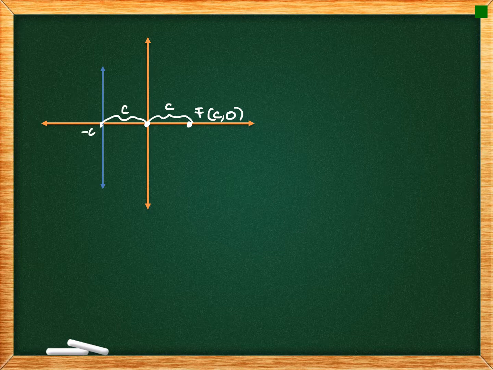And this would be our L. And L would have an equation x equal to negative c. Okay? And so the parabola would look like this, opening to the right. So your question now is, is there really a parabola that opens to the right or to the left? Well, the answer is yes. In analytic geometry, we can have those.